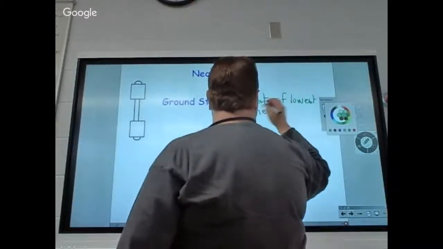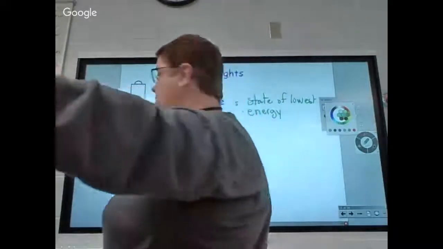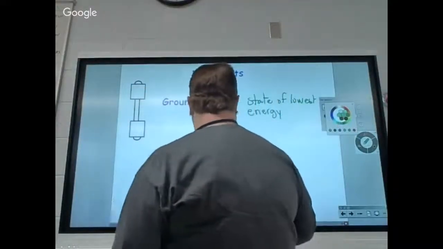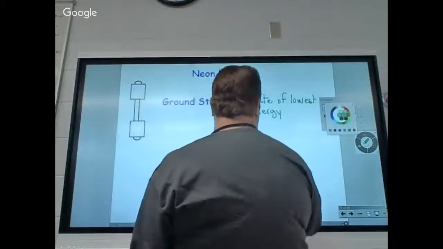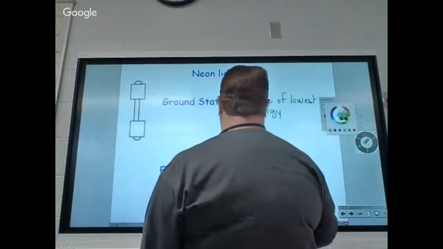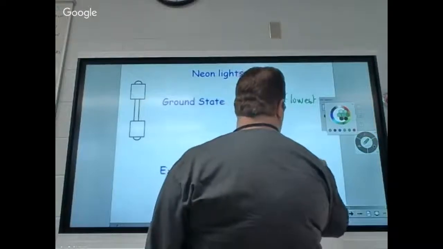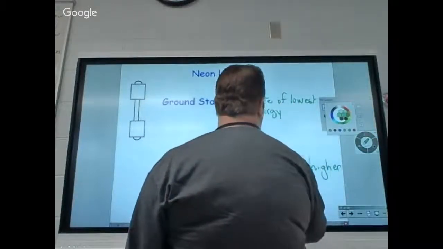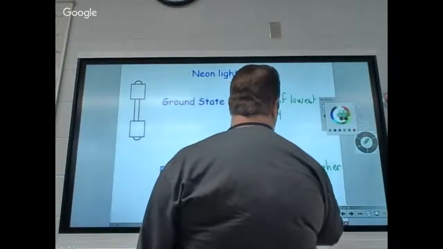Now, in a minute, I'm going to turn on this lovely box, and I'm going to pass a high voltage current through those electrons. Now, they're going to go to the excited state. And it's going to become a state of higher energy.